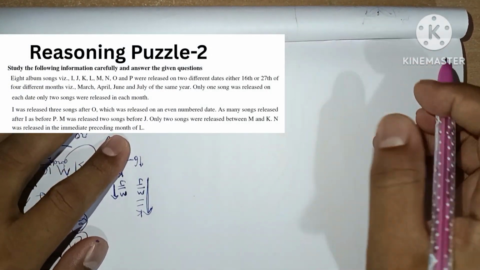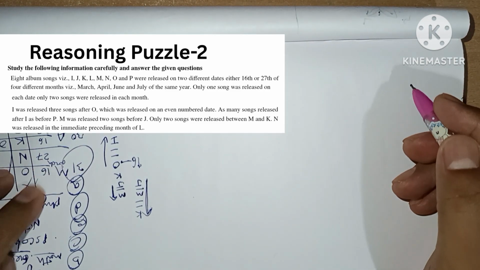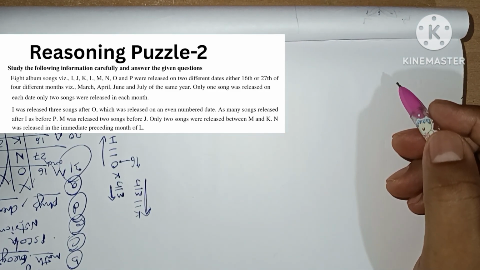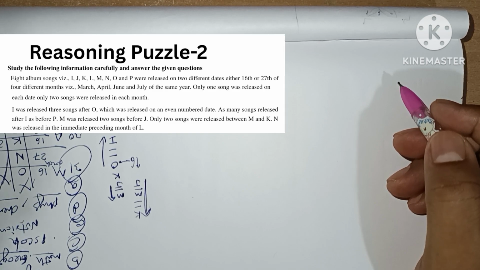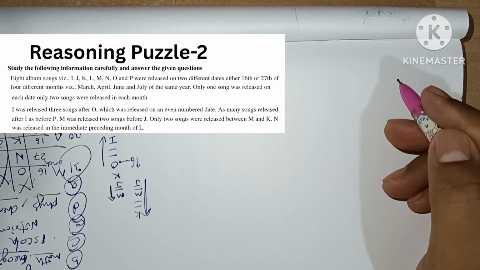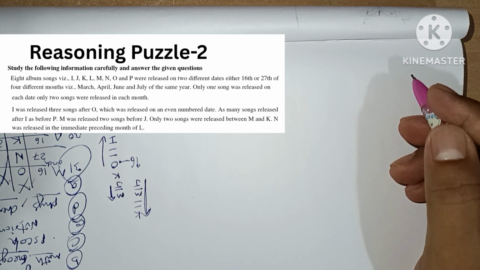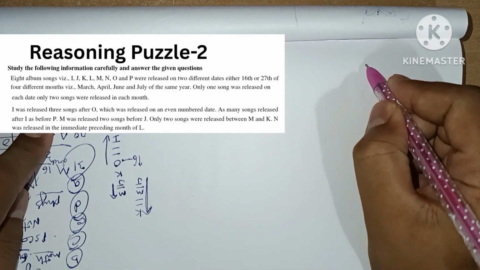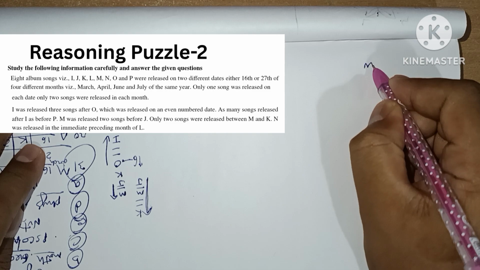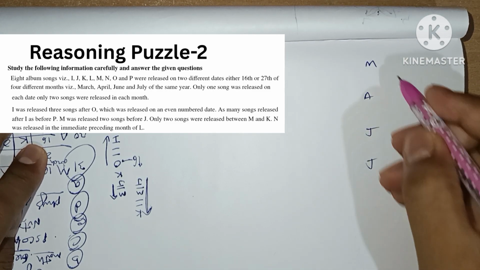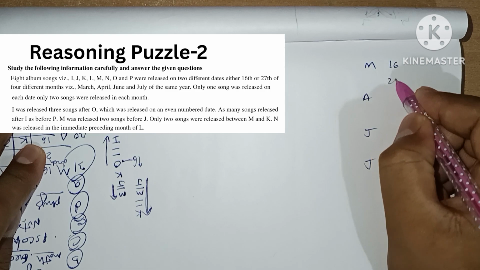Now we are going to see reasoning puzzle 2. The question given is 8 album songs were released on 2 different dates, either 16 or 27, of 4 different months. Months are given as March, April, June and July. Dates are 16 and 27.